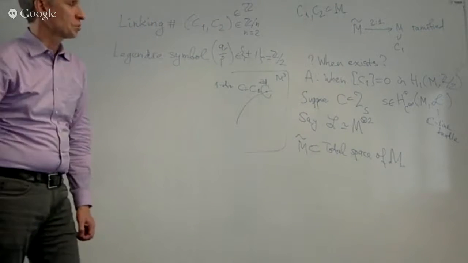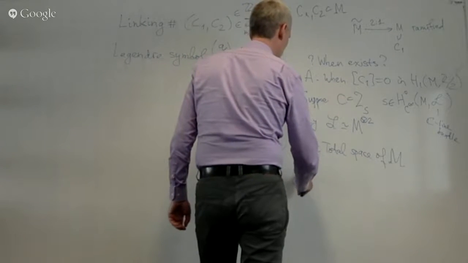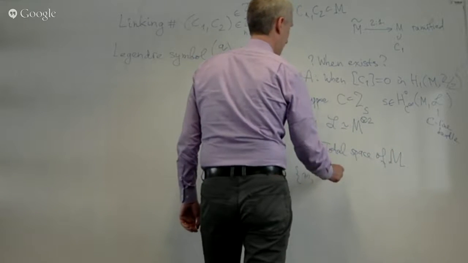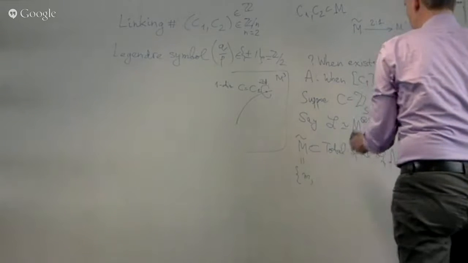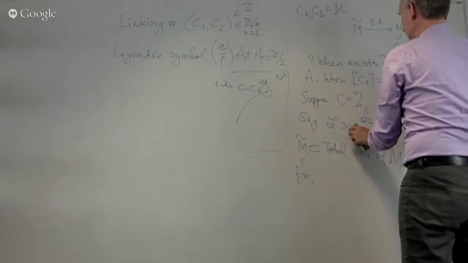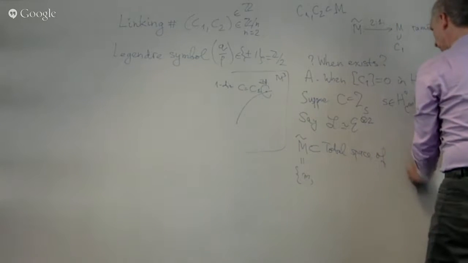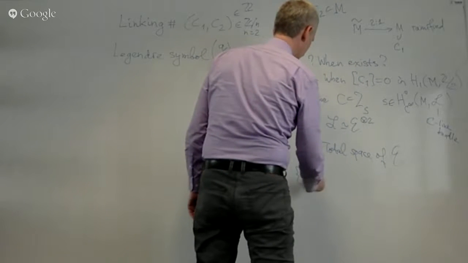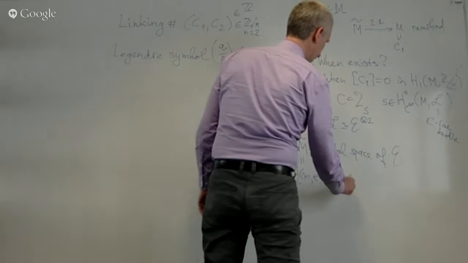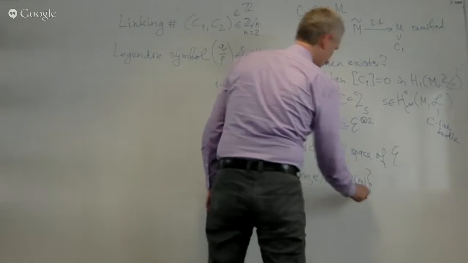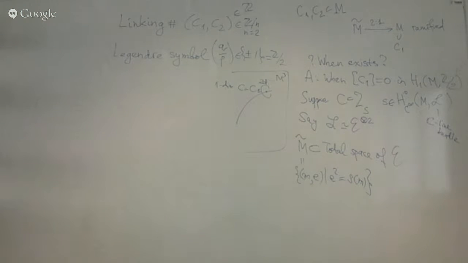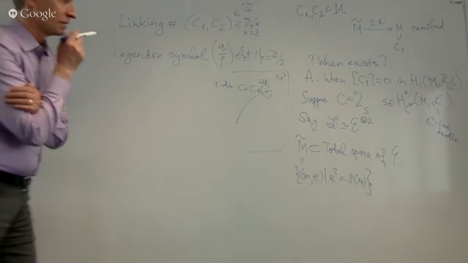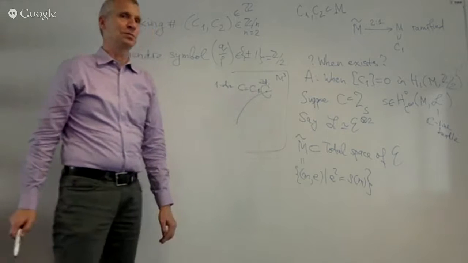It will be, if you want, a spectral curve, consisting of those points E in N such that E squared equals S. Suppose S is a section that transversely cuts our manifold.